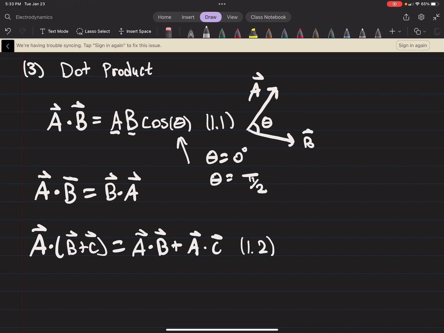In that case, the vectors are parallel to each other, running parallel. And at pi over 2, the two vectors are perpendicular at 90 degrees. In that case, the dot product is 0. So in a way, the dot product kind of tells you how in a line the two vectors are.